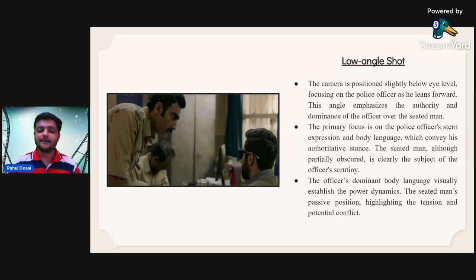On the other side, the seated man fights with the consequences, fights with the inner thoughts, the potential conflict, and the tension and complexity which happen in his thoughts.